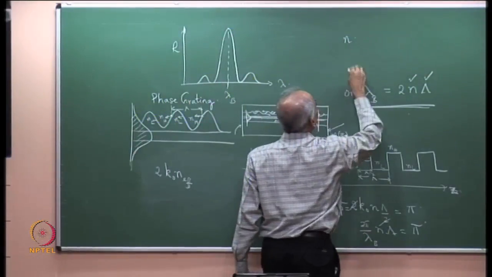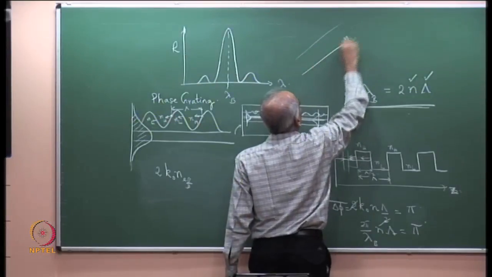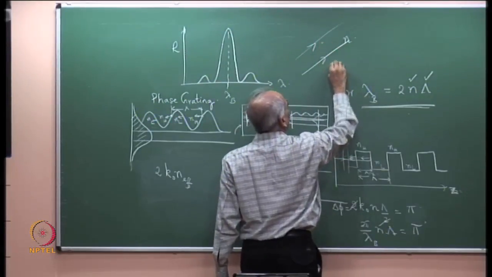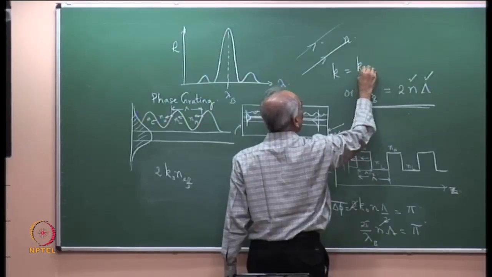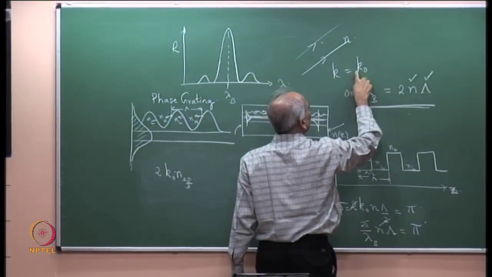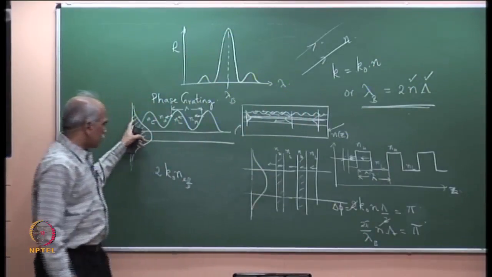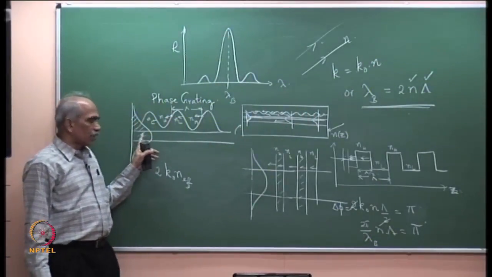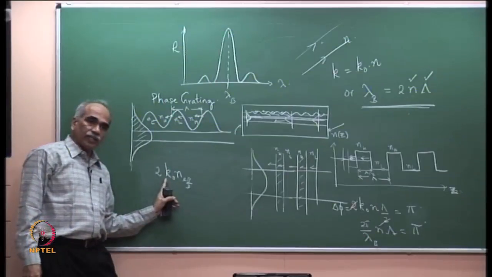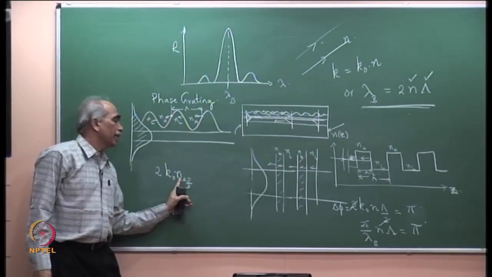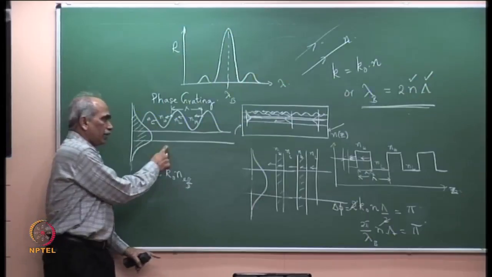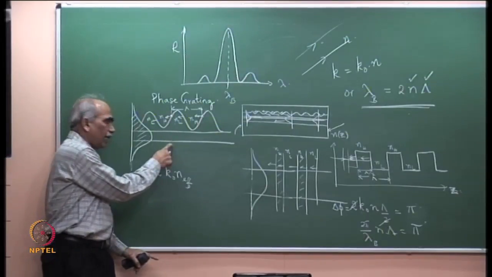If there is a refractive index n and a plane wave is traveling, then its k will be equal to k0, the free space wave number, multiplied by the refractive index. But a mode is characterized by a propagation constant beta, which is equal to k0 into n effective, the effective index of the mode, which lies between the refractive index of this medium and this medium.